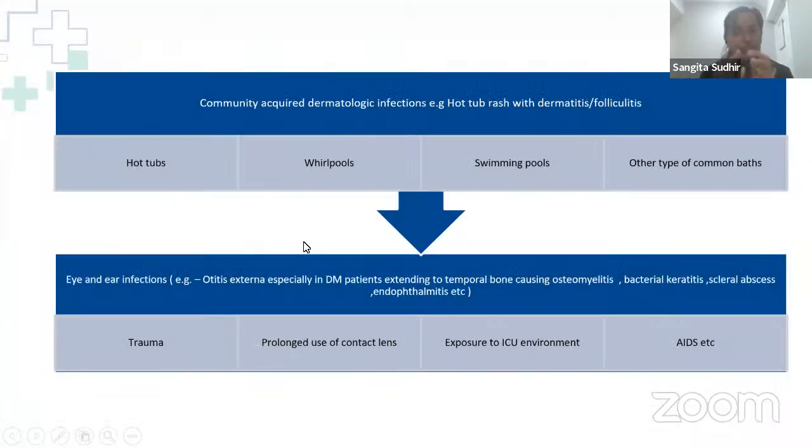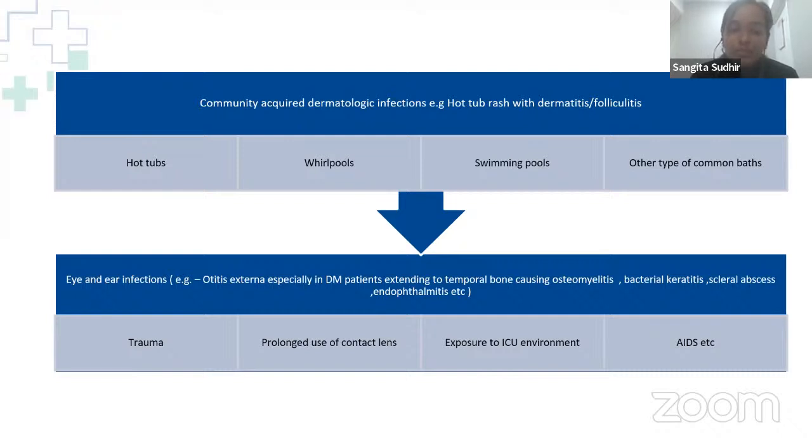Now, as you know, both these organisms thrive in a moist medium, and especially Pseudomonas aeruginosa. Hot tubs, whirlpools, swimming pools, and other common baths could be a hub for these organisms. And in certain cases, it can cause dermatologic infections like hot tub rash with dermatitis or folliculitis.